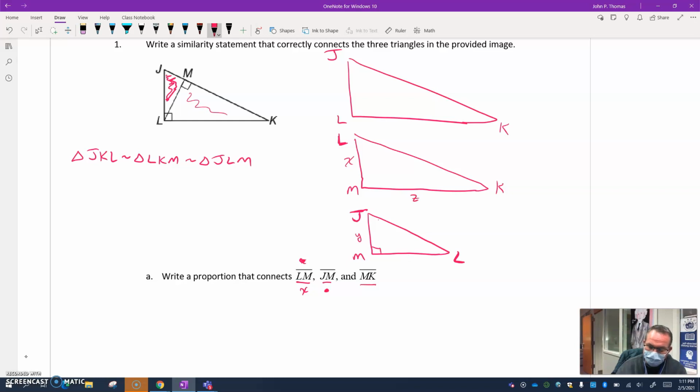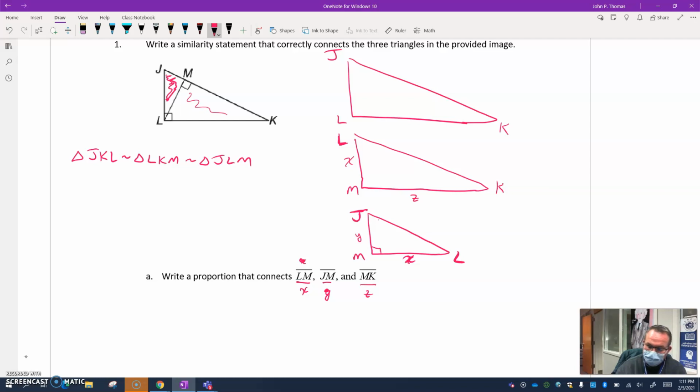So I'll call that a Z. All right, so if I look at this, ML we already have labeled as an X. So I'll go ahead and put an X down there on ML. All right. And we've got these pieces labeled.